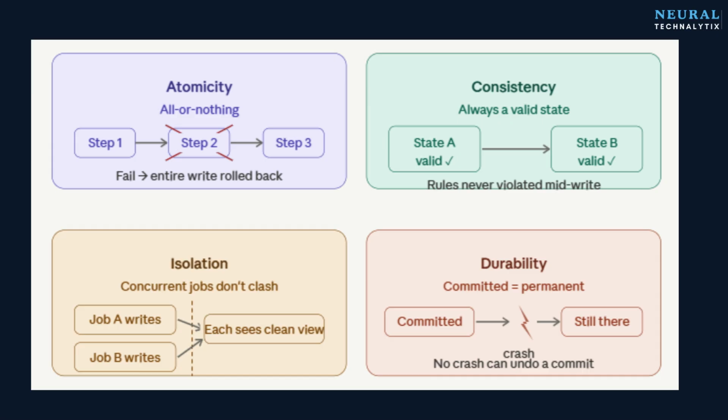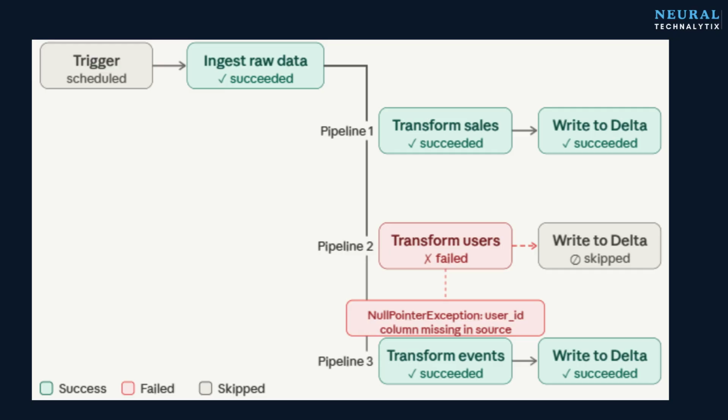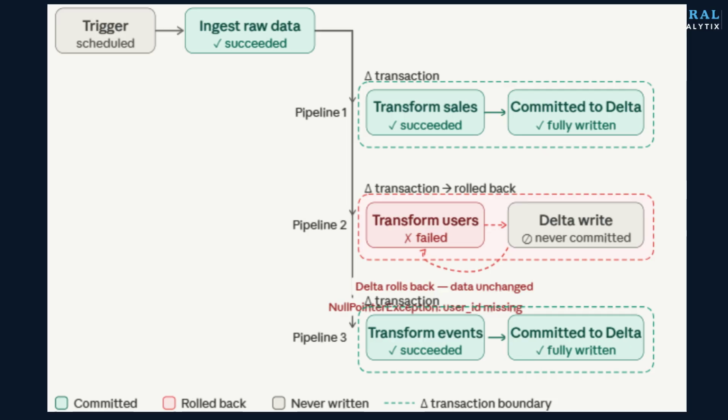For example, partial data writes, corrupted tables, inconsistent reads. Imagine a data pipeline writing millions of records, and the job fails halfway through. Without ACID support, your table could be left in a broken state. Delta Lake prevents this. It guarantees that a transaction either fully succeeds or it does not happen at all.